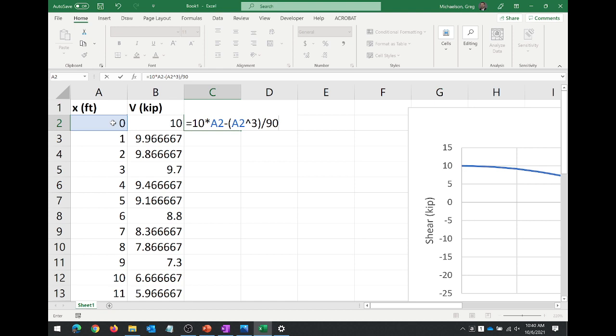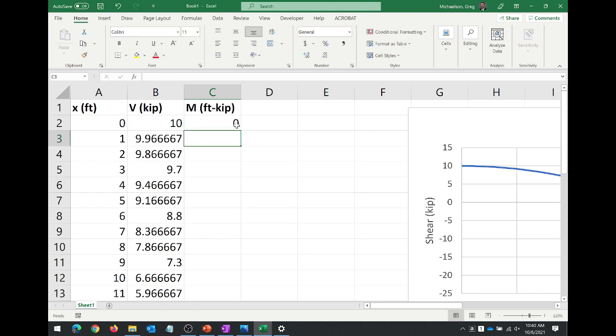I'm probably using more parentheses than are necessary, but parentheses are free. When in doubt, use them. Press enter. Then we use that little double click feature. Boom.